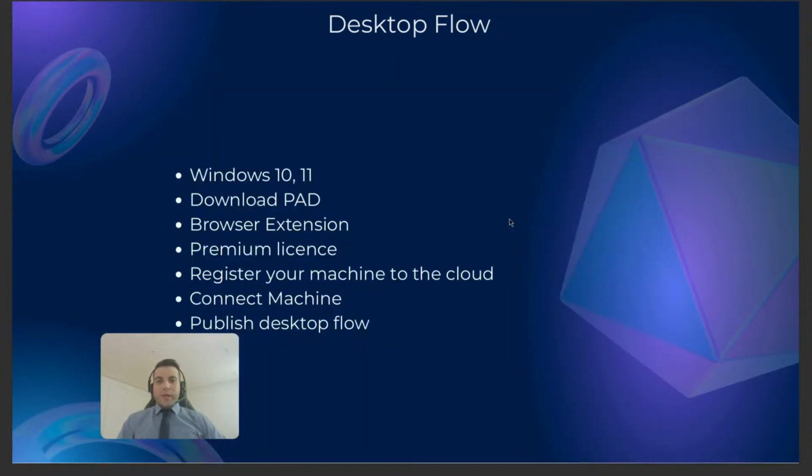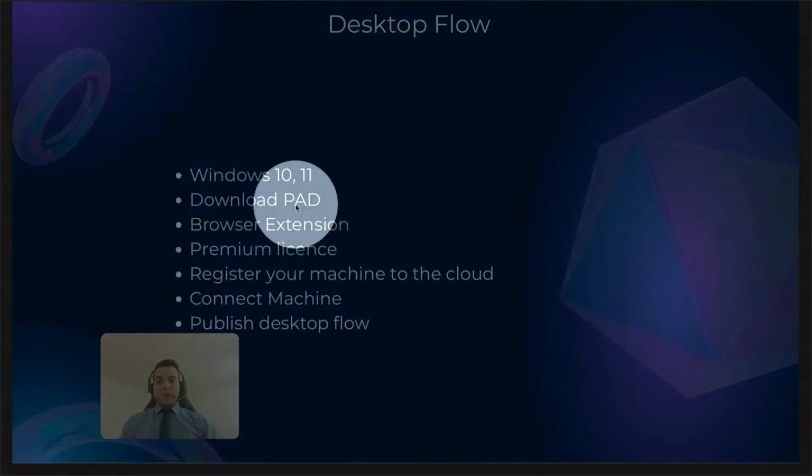So it's also something useful for desktop applications. Also, we can see here the requirements that we need for robotic process automation. We should have Windows 10 or 11, and in Windows 11, we indeed have the Power Automate desktop app activated, which is the PAD.